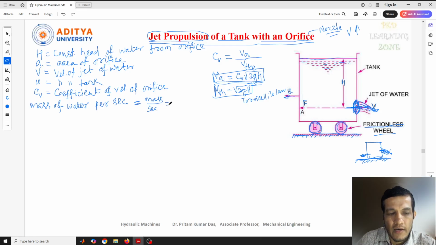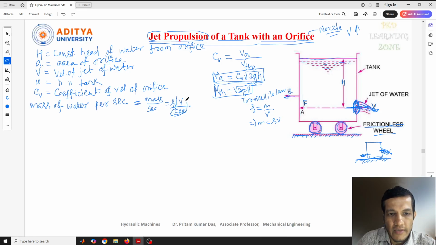Already we have discussed many details about this terminology. Again I'm writing it on behalf of mass. We can write rho equal to mass by volume, then mass equals rho into volume. So here I can write rho into volume per second.